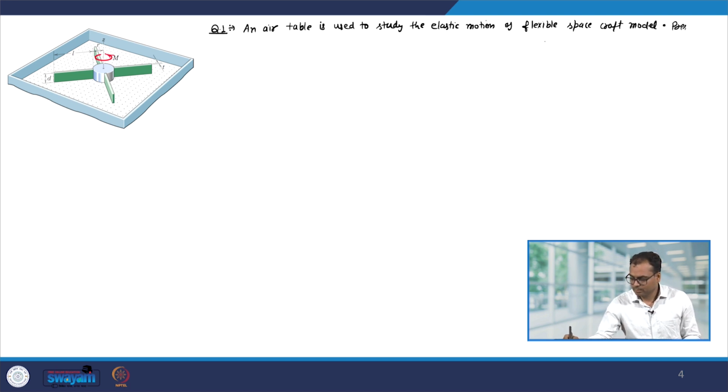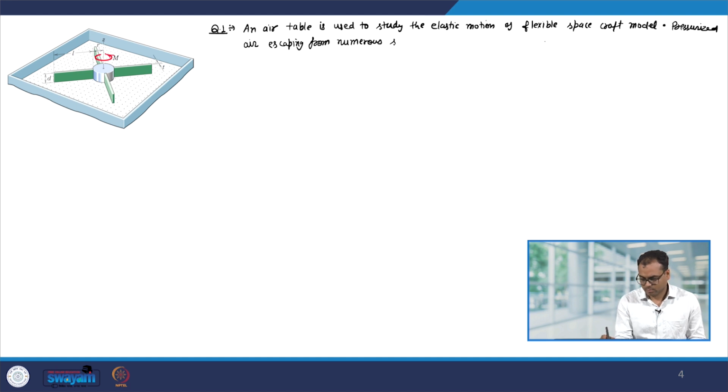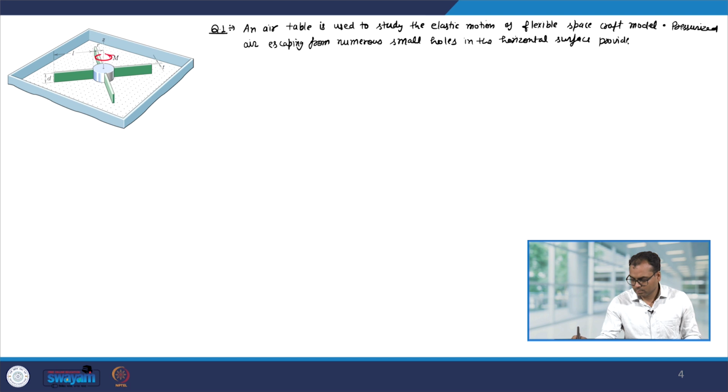Pressurized air escaping from numerous small holes in the horizontal surface provides a supporting air cushion which largely eliminates friction.